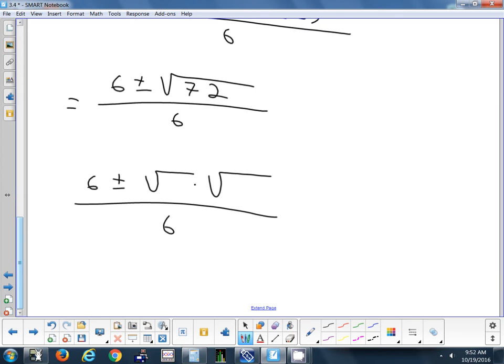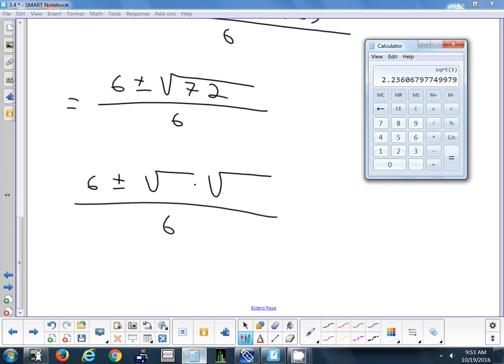So numbers like either 1, 4, 9, 16, 25, 36, things like that. 16. I don't think 16 divides into 72, does it? Let's see. No, not quite. 9 does, but there's a bigger one if you do it. You don't have to do it twice. But you could do 9. You'd have to do it again, though.